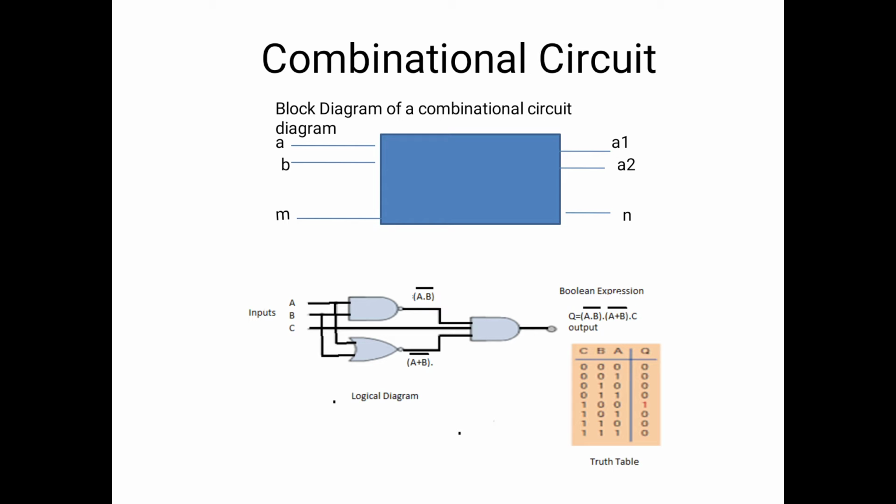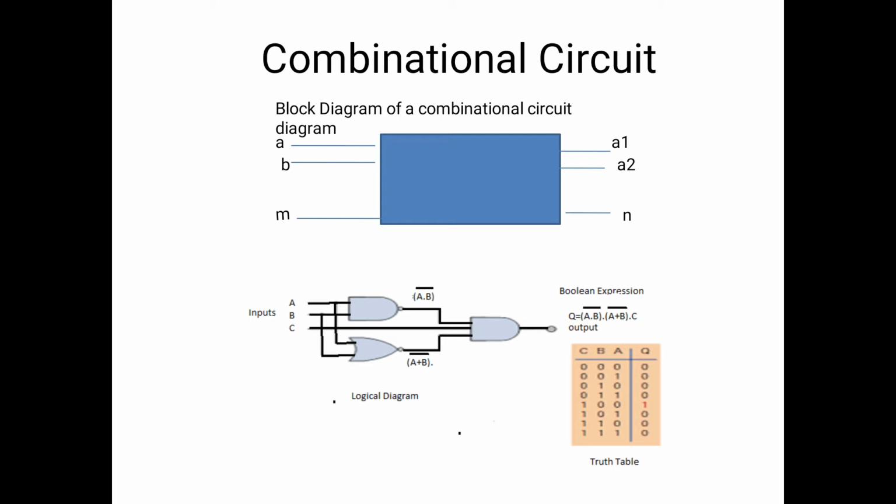Similarly, once we know about the block diagram of a circuit, we can easily design its circuit diagram using the gates. In the below mentioned figure, you can see it has three inputs A, B, C and three logic gates.